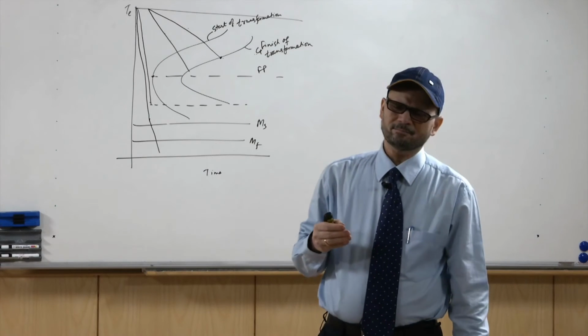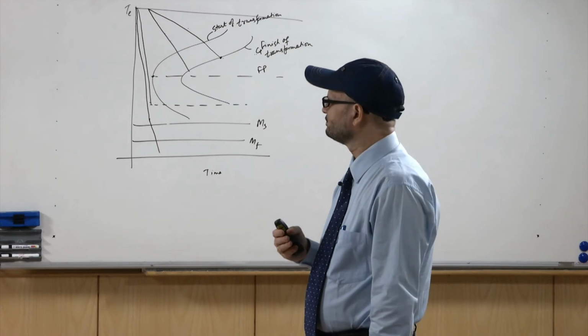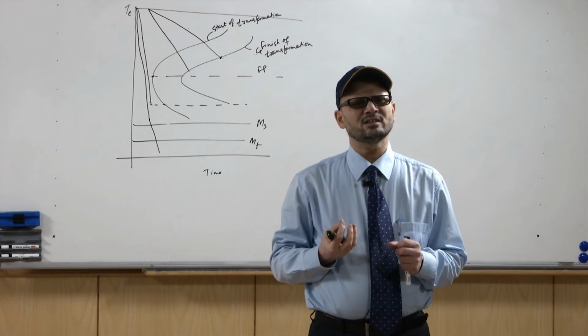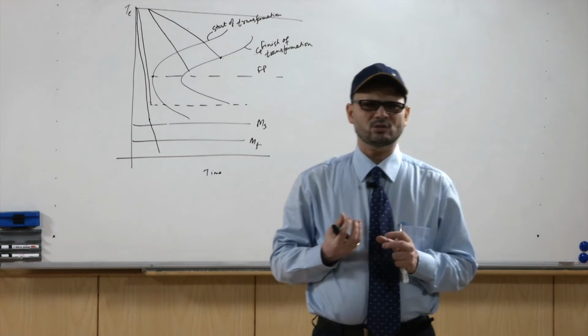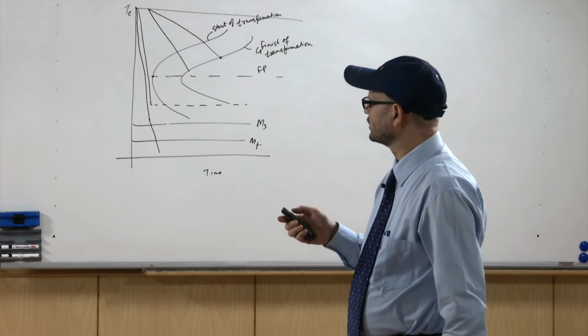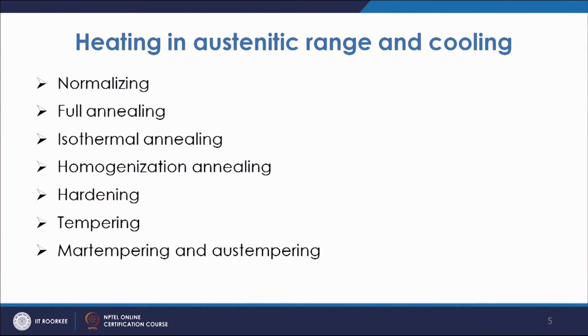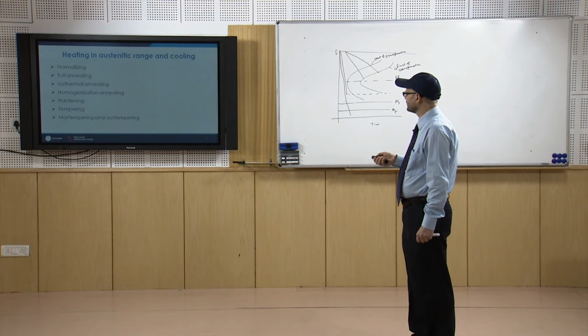Normally, to give very soft properties, to impart toughness and good machinability, you give this full annealing treatment. But in this case there may be chances that the structure may be coarse. Otherwise, to make the material soft and stress free, this full annealing treatment is given.